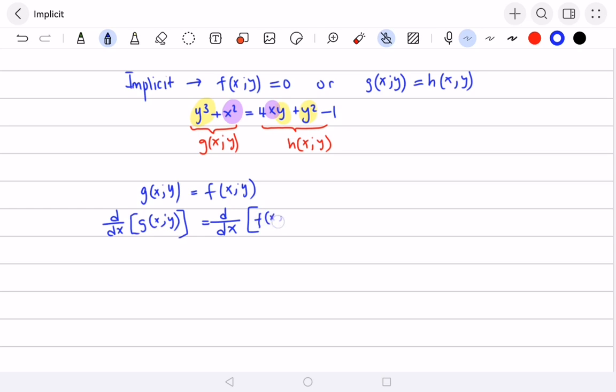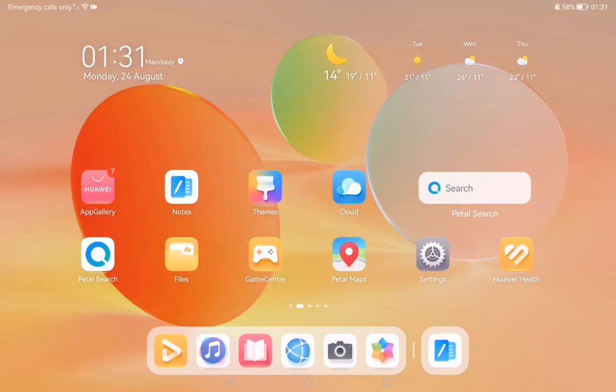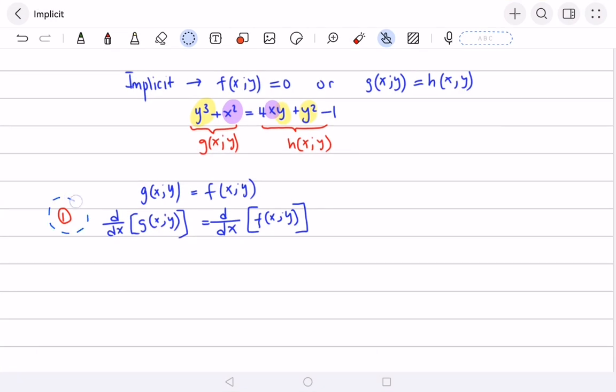This is step number one: take the derivative on both sides.